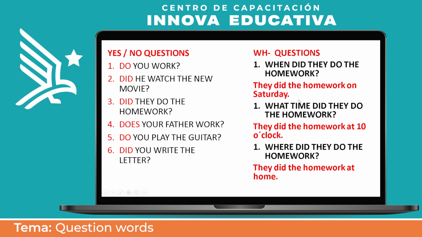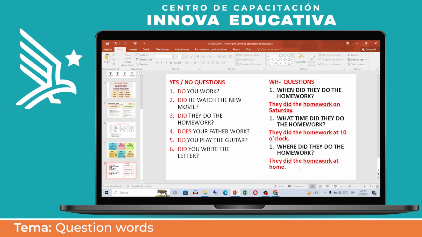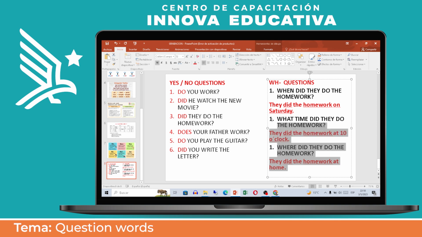When did they do the homework? They did the homework on Saturday. What time did they do the homework? They did the homework at 10 o'clock. Preguntando por la hora en la que fue realizada la tarea. And where did they do the homework? ¿Y dónde realizaron la tarea? They did the homework at home.